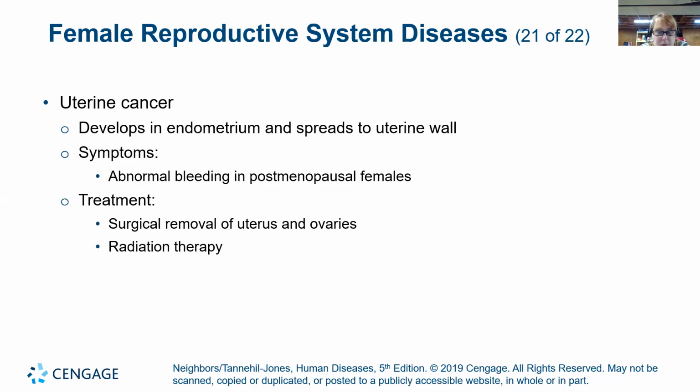The uterus has a couple different layers. Okay. Again, abnormal bleeding in postmenopausal females is one of the biggest indicators. Okay. But it can happen in non-menopausal females also. So surgical removal of the uterus and ovaries, and a lot of time radiation therapy, and this cancer can be beat.